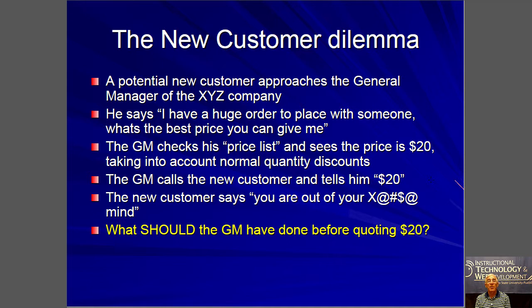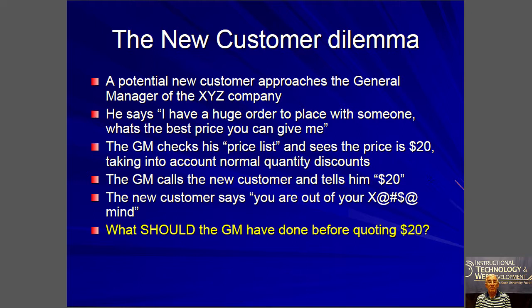Of course, my accounting department helped me prepare this. And I look down the list to the very bottom where the maximum quantity happens to equal the quantity that this customer's order will be. And the price list says $20. I call the potential new customer back and tell him $20. The new customer says, you're out of your mind, starts laughing, and hangs up the phone.